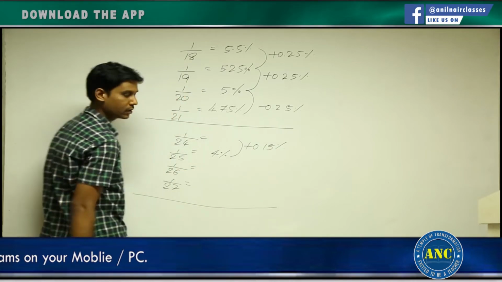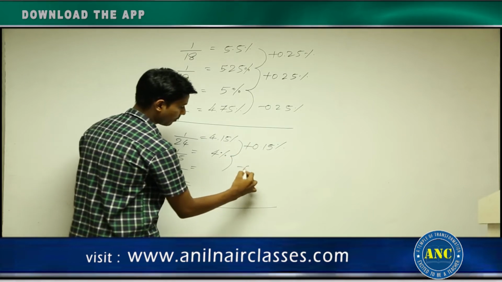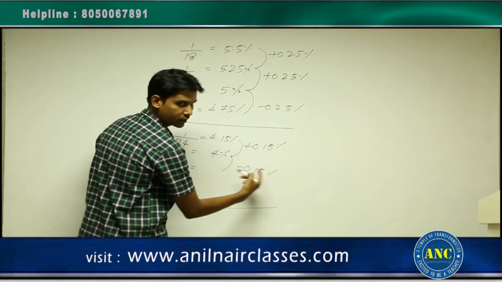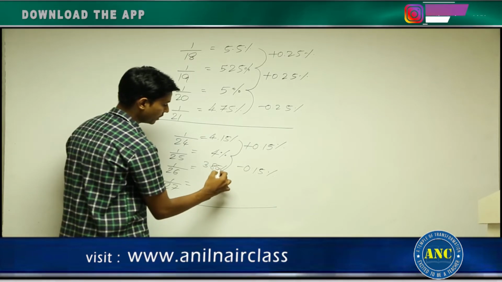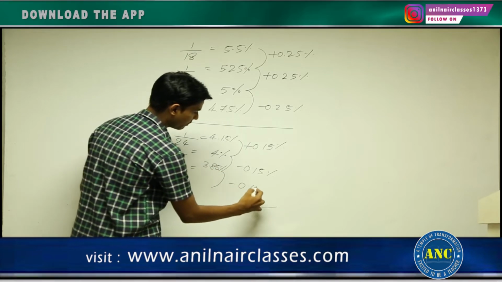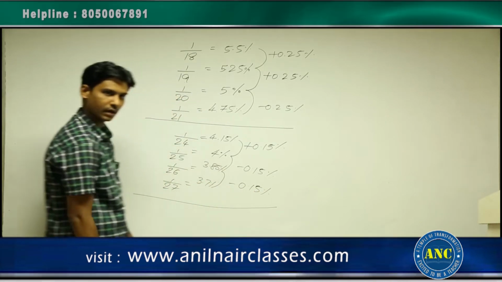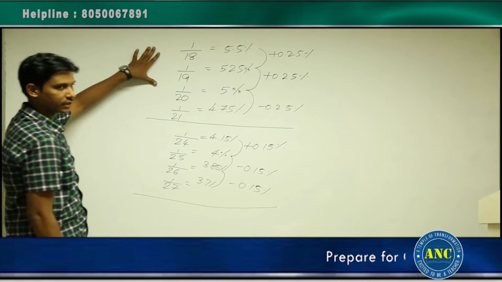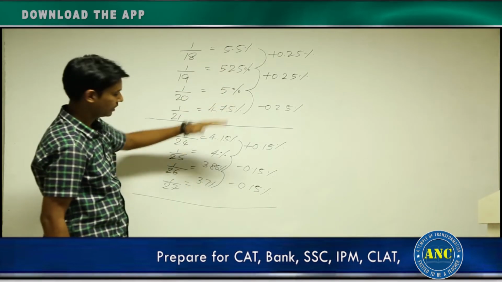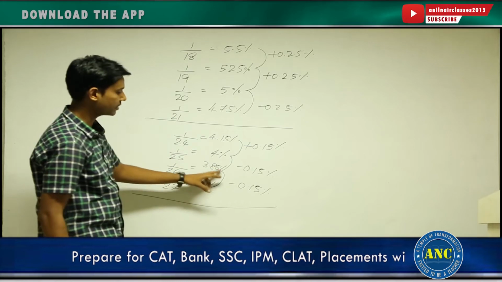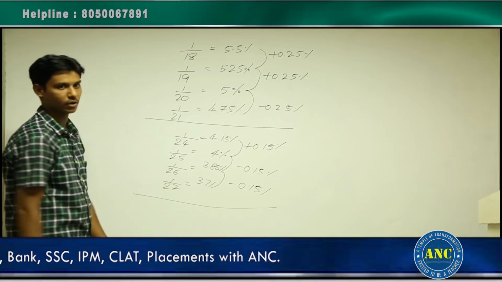So 4 plus 0.15 is 4.15. The below one goes with a deviation of minus 0.15. 4 minus 0.15 is 3.85%. 3.85 minus 0.15 is 3.7%. Understanding? In the first 4 cases, the deviation is plus or minus 0.25. In these 4 cases, the deviation is plus or minus 0.1. The above one is always plus, the below one is minus.